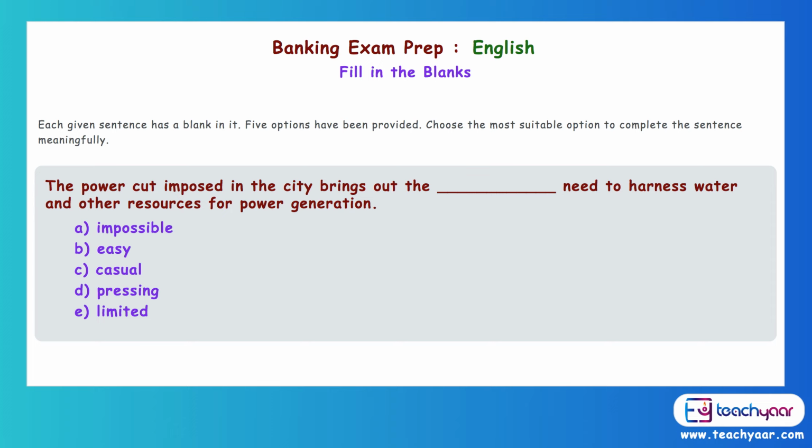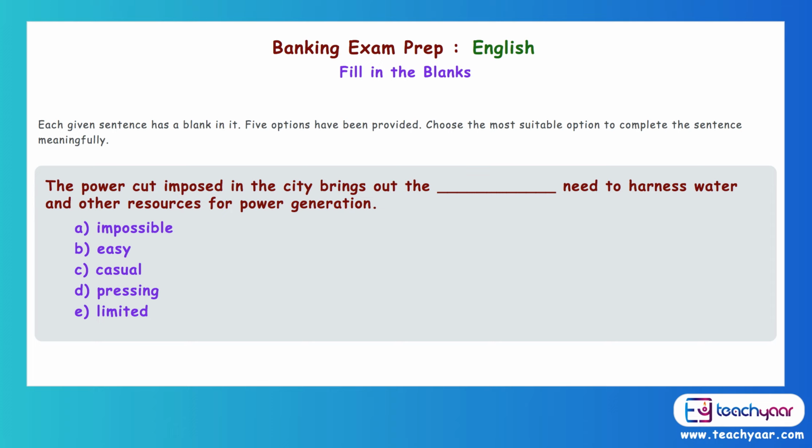So now let's see the words which we can fit into that blank. Impossible. So the power cut imposed in the city brings out the impossible need. Obviously that's wrong. The easy need. If it's so easy, you won't have a problem. The casual need. Well, it's not a casual need. It's a very imperative need. You need power.